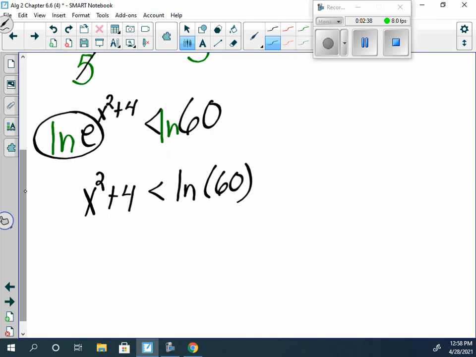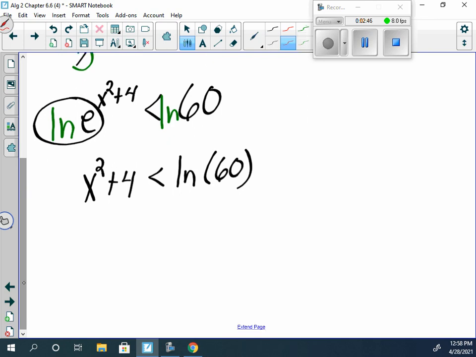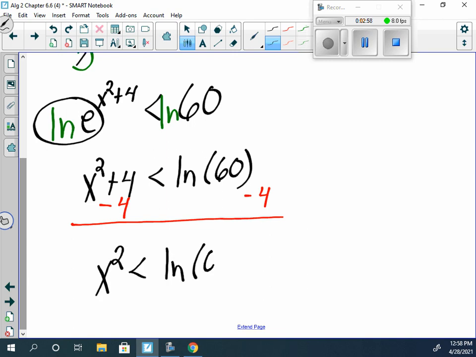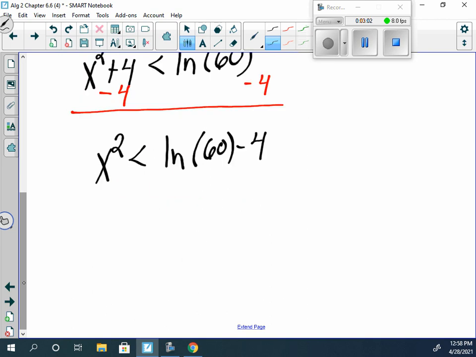Any questions or other questions so far? Now we need to solve for the value of x. So what can we do next? We can subtract the 4 from both sides, which will tell us that x squared is less than the natural log of 60 minus 4.